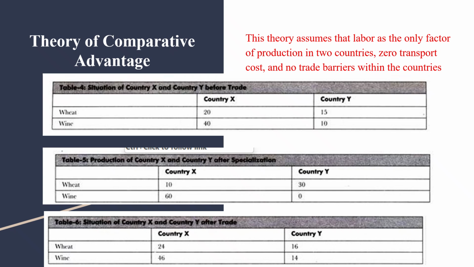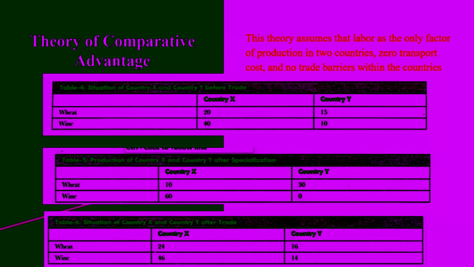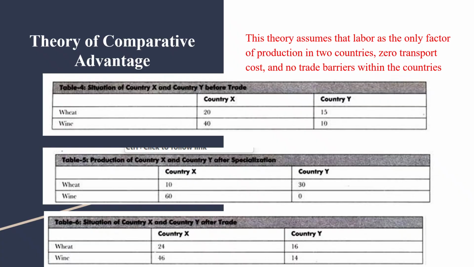So this theory assumes that labor is the only factor of production in two countries, and they ignore transportation cost, and there is no trade barriers within these countries. So as per the classical trade theory's assumption, there are only two countries with two goods. Each country is provided with 100 labors for producing wheat, and 100 labors for producing wine.